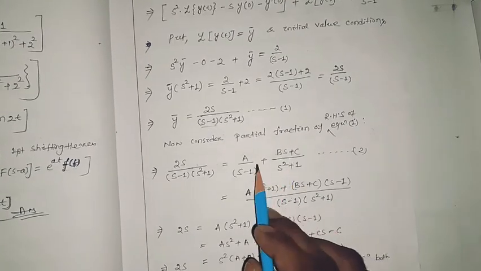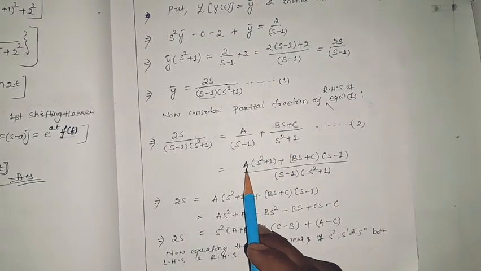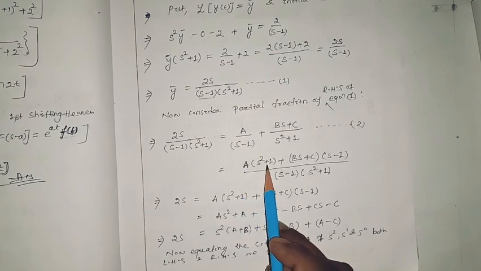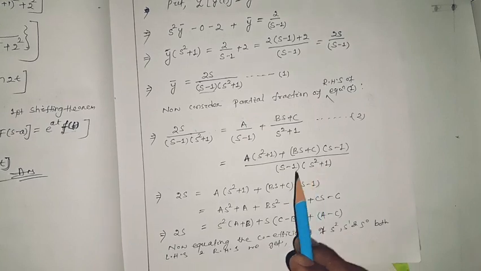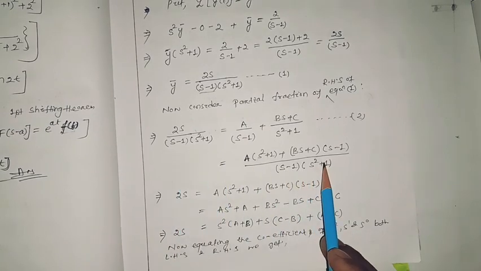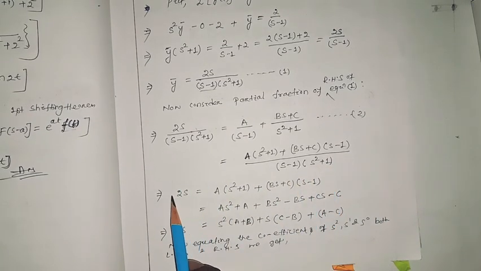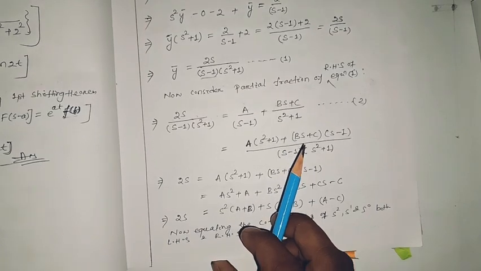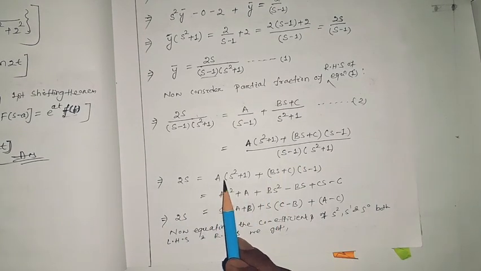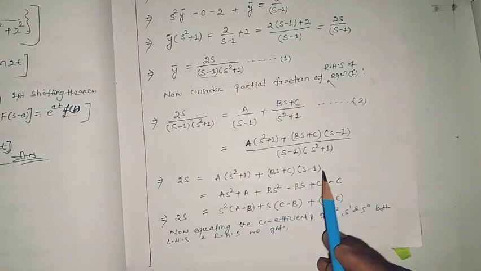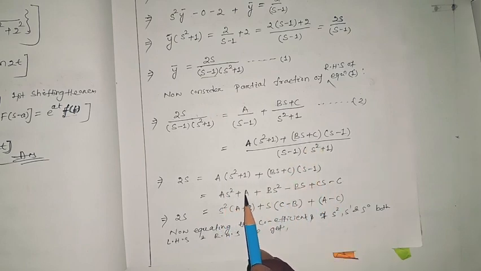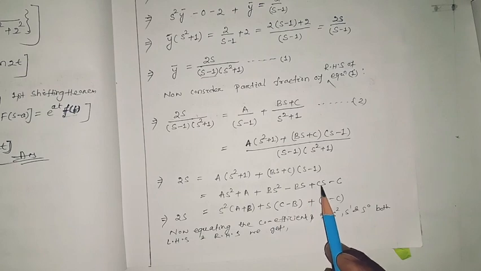Now if I add these two terms, we get A into s squared plus 1 plus Bs plus C into s minus 1. Here the denominators are the same, so obviously the numerators will also be equal. So 2s will be equal to A into s squared plus 1 plus Bs plus C into s minus 1. Just multiplying, As squared plus A plus Bs squared minus Bs plus Cs minus C.